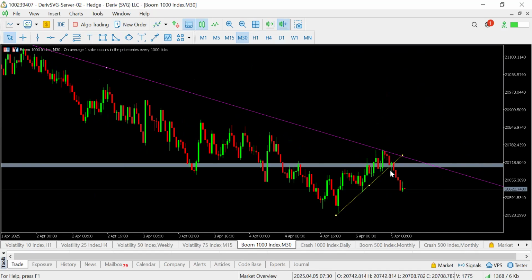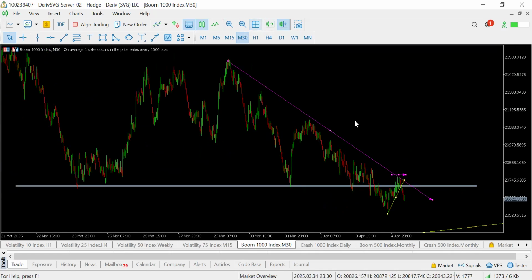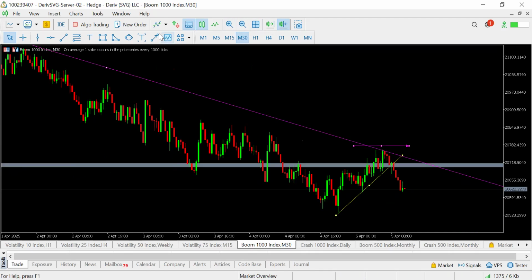Now, immediately this trend line broke, I would have jumped into this trade here, and my stop loss would have been here, and then I would have taken the trade from here. First take profit would have been here.